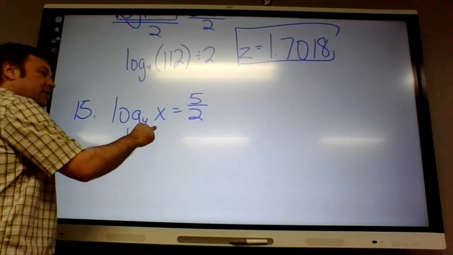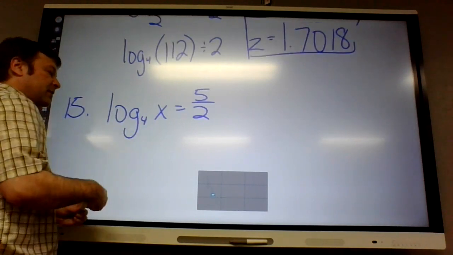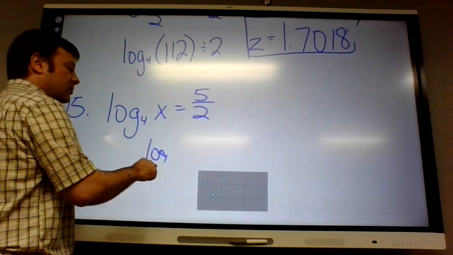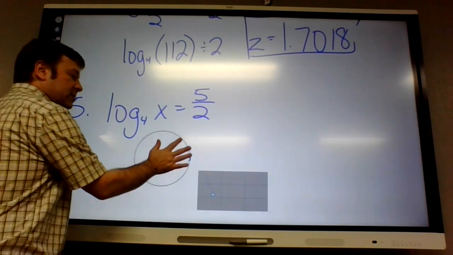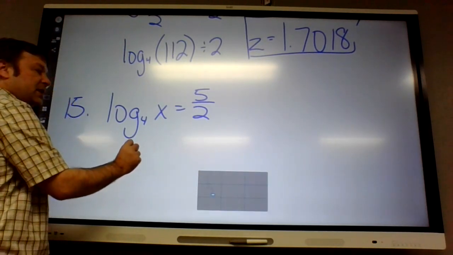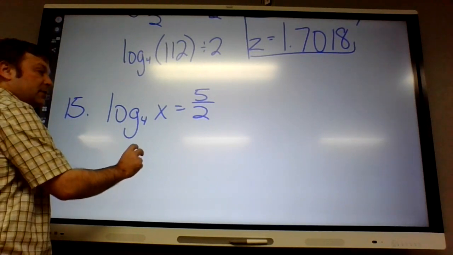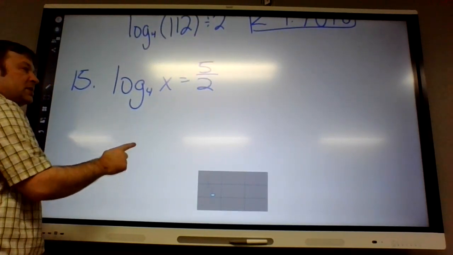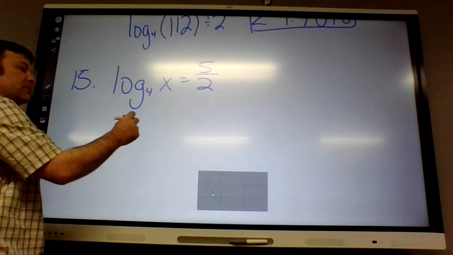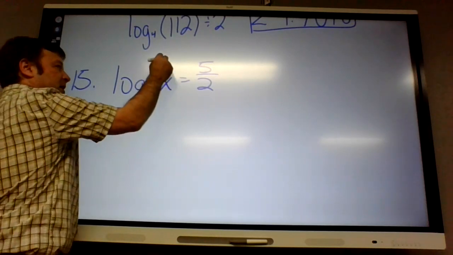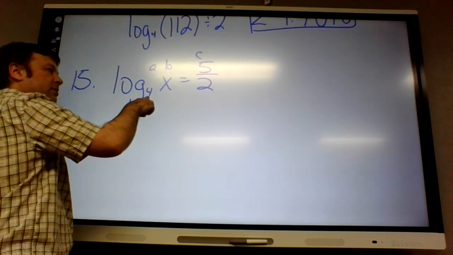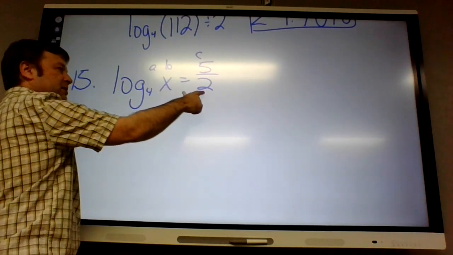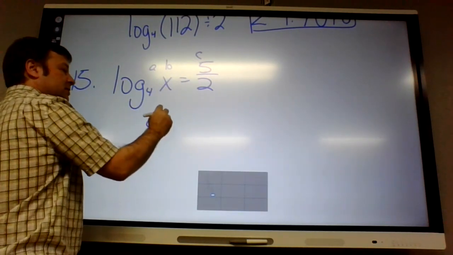If it starts in log form, you're going to have to change it to exponential form. So what is this in exponential form? It's still like a^c = b, so it's 4 to the 5 halves equals x.